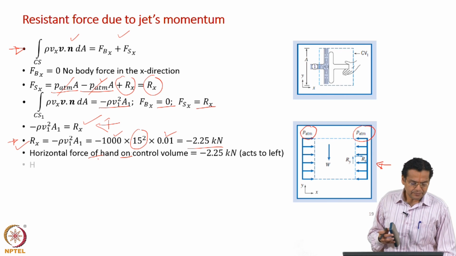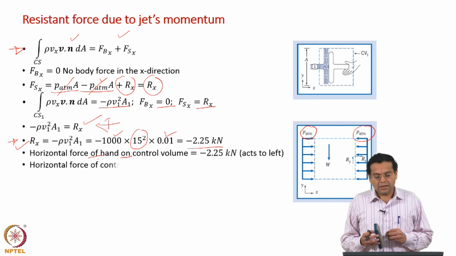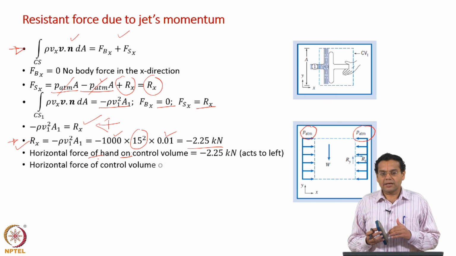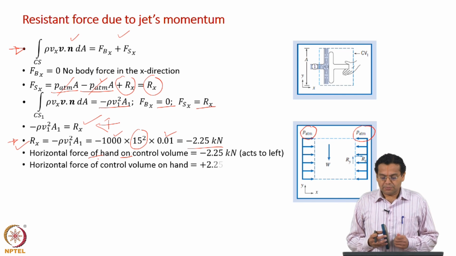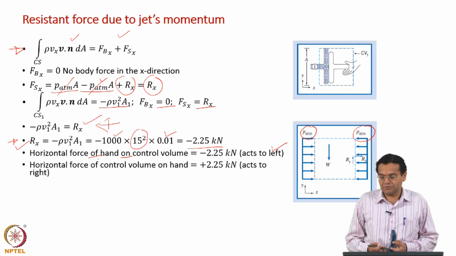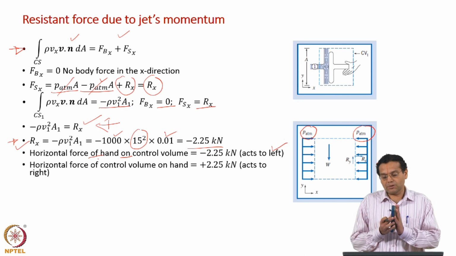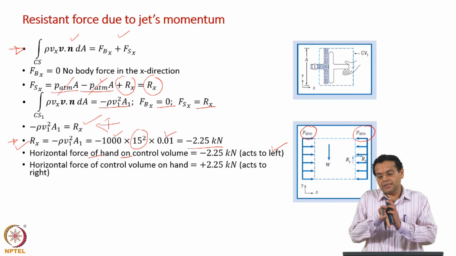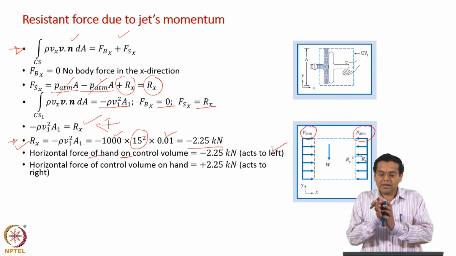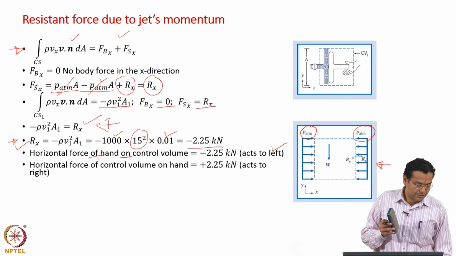Now, what is the horizontal force of the control volume on the hand? It is the negative of this, plus 2.25. Of course, we are interested in this, the first minus 2.25 is just for understanding. It acts to the right. So, the control volume exerts a force on the hand to the right, and we have to exert a force to balance that towards the left.